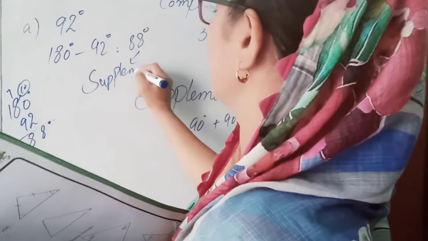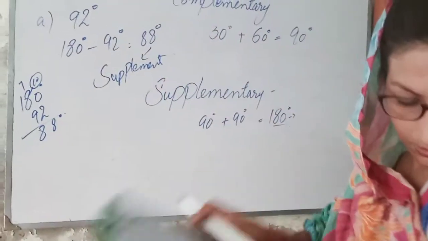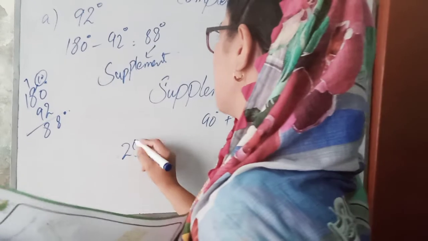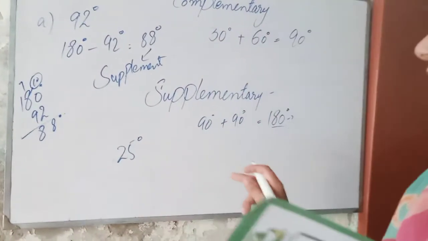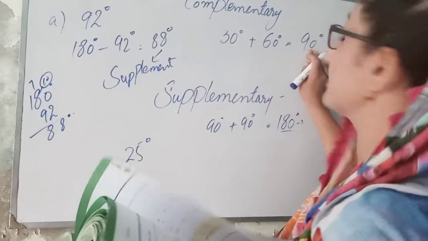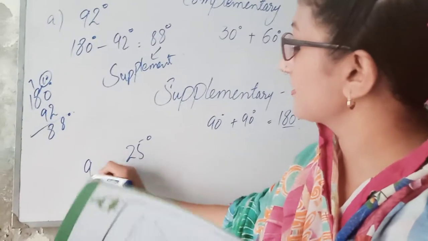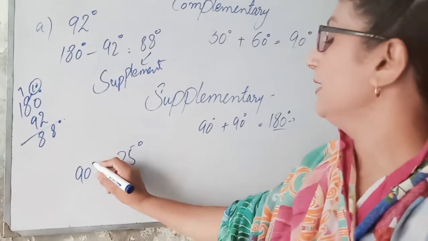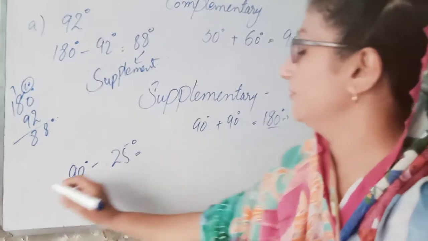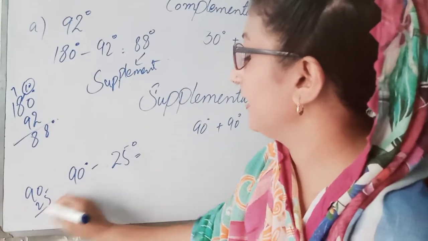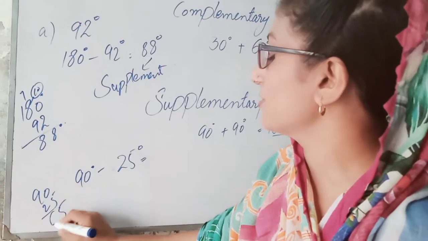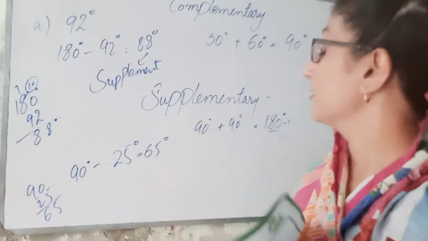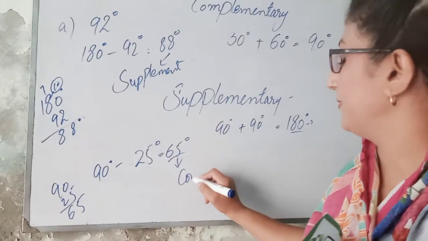But if I am giving you the angle 25 degrees and I am saying to find out the complement, then you know complementary angle is 90 degrees. So you subtract 25 from 90 degrees, it gives the answer of 65 degrees. It means 65 is called the complement.